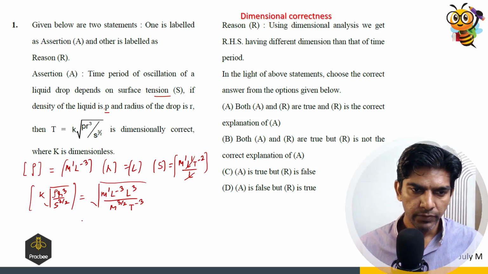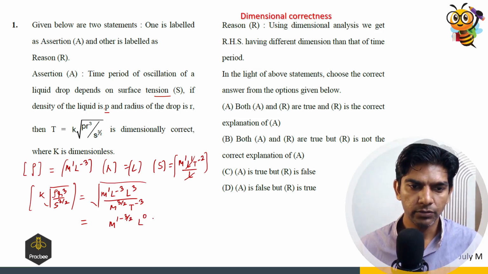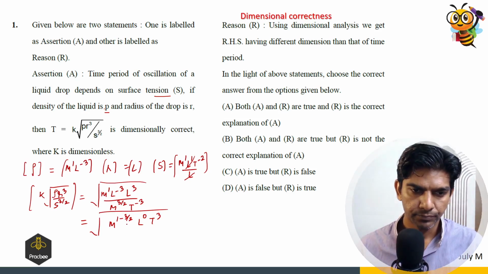Okay, right. Let us simplify this. So this comes out to be M raised to power 1 minus 3 by 2, L raised to power 0, T raised to power 3, root of that. So it comes out to be M raised to power minus 1 by 2, T raised to power 3, root of that. Clear?